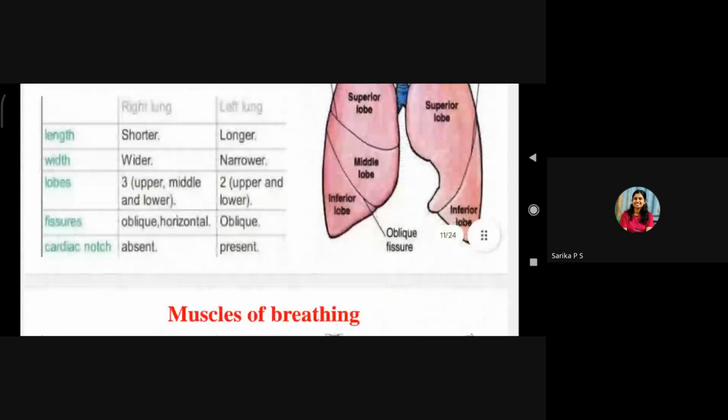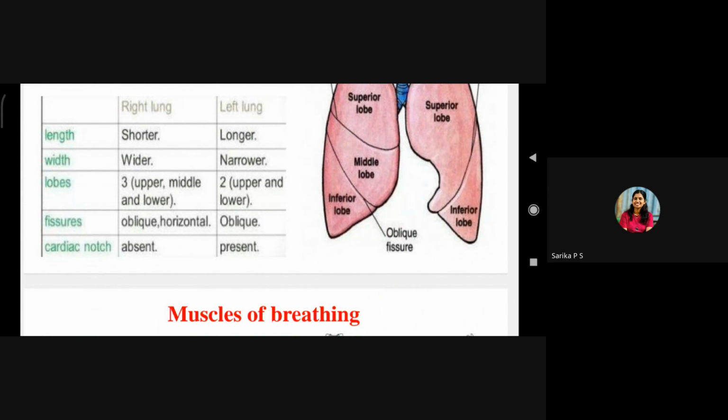So here are the small differences between the two lungs. Right lung is shorter, left lung is longer. Right lung is wider, left lung is narrower. Right lung has 3 lobes, left has 2. Right has oblique and horizontal fissures as it is divided into 3 lobes, so 2 fissures, and the left lung has only one fissure.